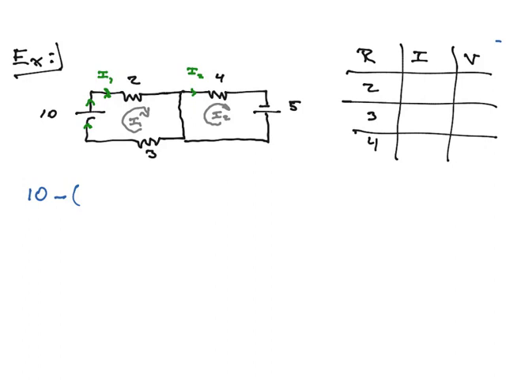I1. I1 hits a resistor whose resistance is 2. Okay. Then we leave that resistor, we stay in this left hand loop, and then we hit this next resistor of 3. We're hitting a resistor with a current, so we're going to lose more voltage. How much do we lose? I times R. I1 times R.